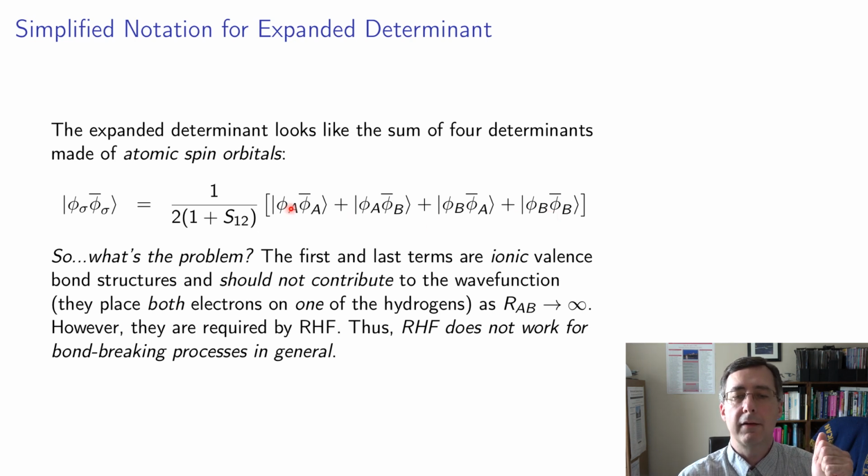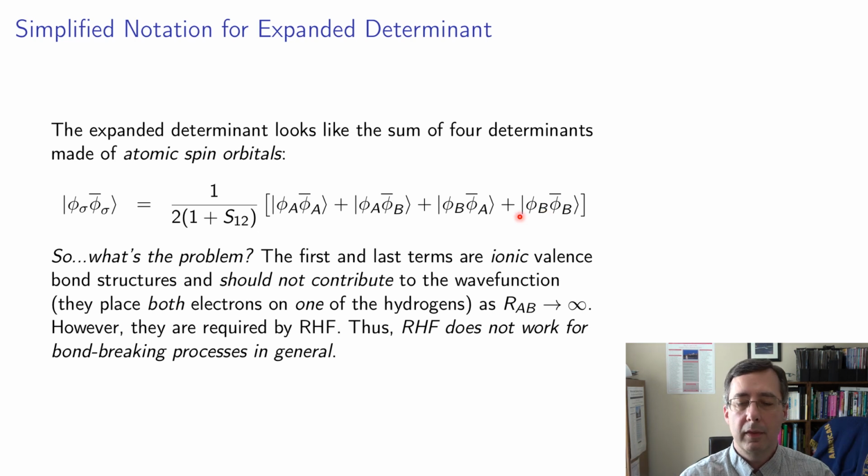So this phi A bar puts 2 electrons on atom A, and vice versa, phi B bar puts 2 electrons on atom B. And that's a problem because at long range, that's not reasonable. At long range, I should break my HH bond, and I should have 1 electron on the left on atom A and 1 electron on the right on atom B.